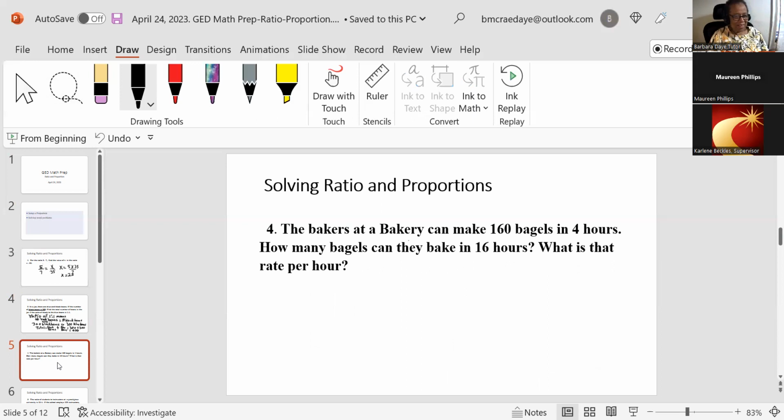How many bagels could he bake in 16 hours? What is that rate? So it is 160 bagels over 4, right? How much could he make in 16 hours?